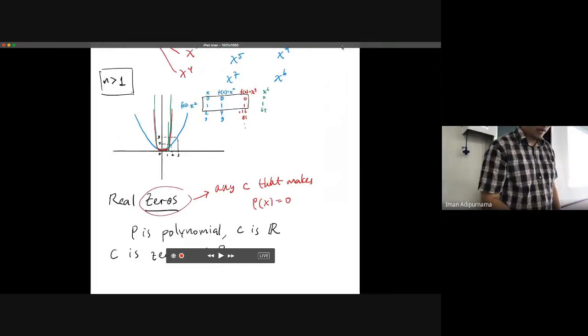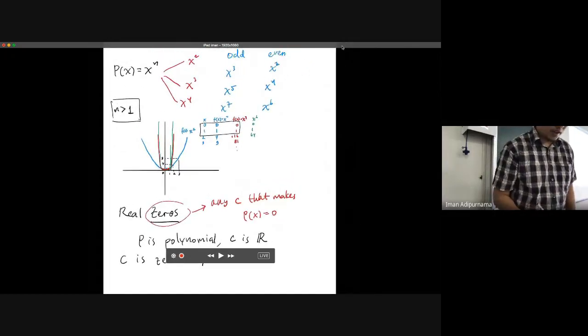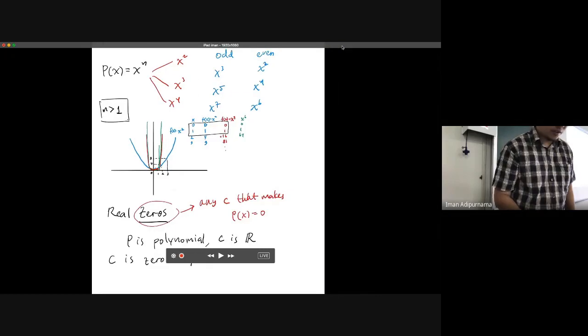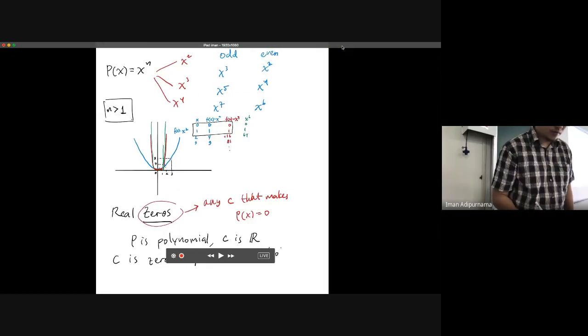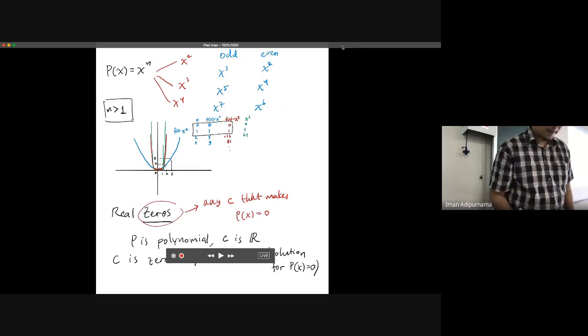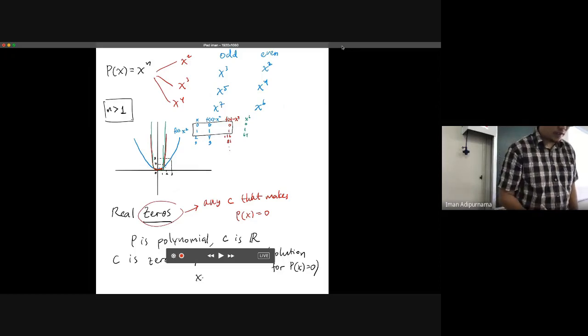and we can conclude that x equals c is a solution for P(x) equals 0. And we can say that x minus c is our factor.